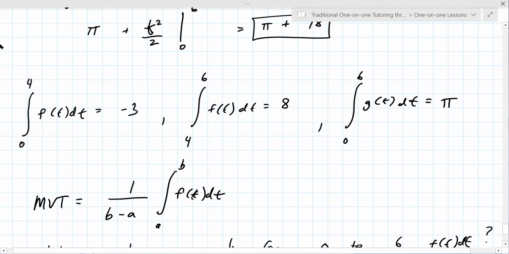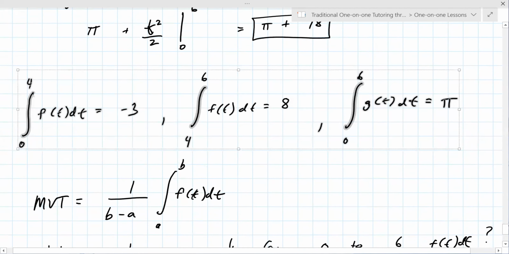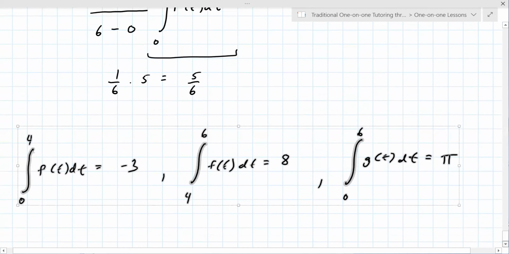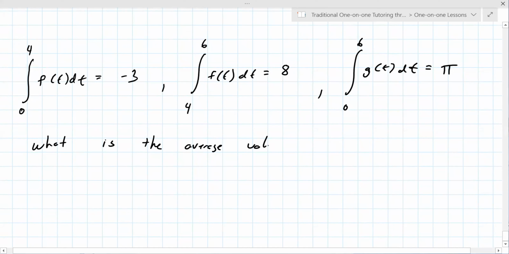But I could make this again slightly more complicated, and give you this and ask kind of the same question. What is the average value of g of t plus 2 from 0 to 6?